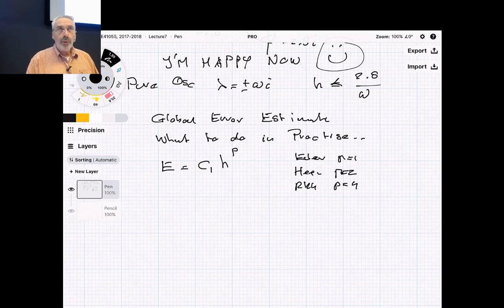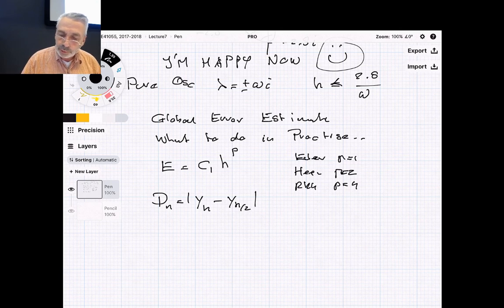However, if you then do your estimates on the error, and remember we did something like this, that the estimate is something like y with an h minus y with an h over 2. That's what we calculate for different step sizes at a fixed time t, of course.